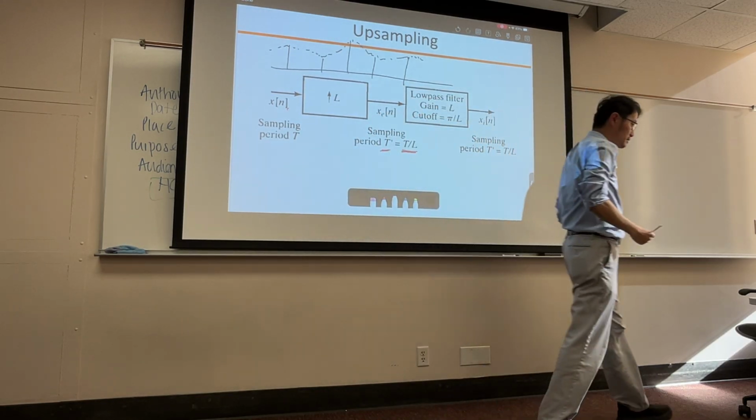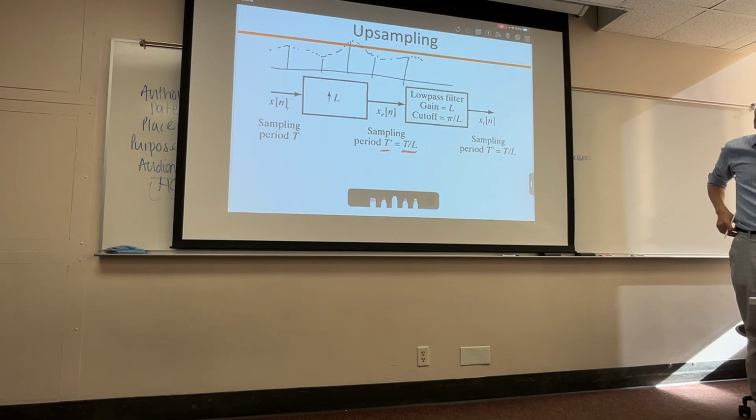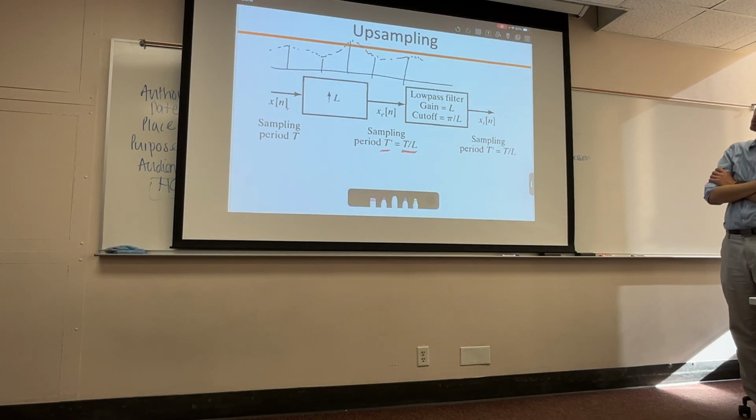Two ways you could do it: you could simply copy the sample that you had before, which would not be very accurate, or, for a more accurate upsampling, you could have another ADC and put it off phase.